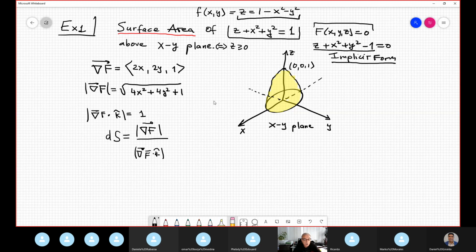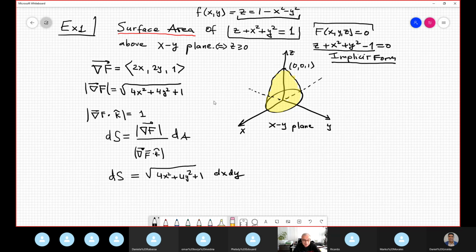Okay, by the way, this guy is 1, and the answer is ds is equal to the square root of 4x squared plus 4y squared plus 1 dA. In this case, dA is specifically dx dy because the projection was over the xy plane. How do you know? Because you're using the unit vector k, which is the perpendicular unit vector to this plane.